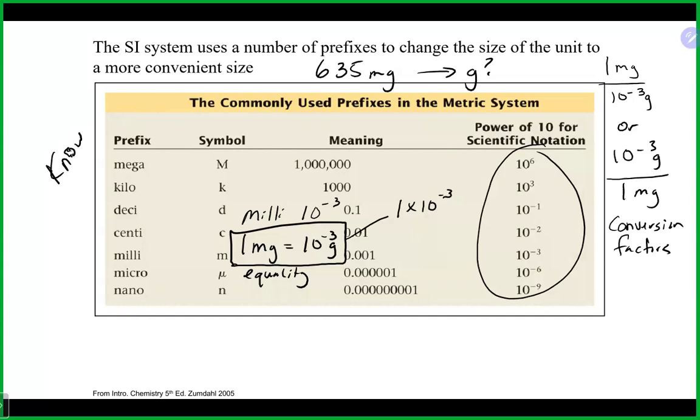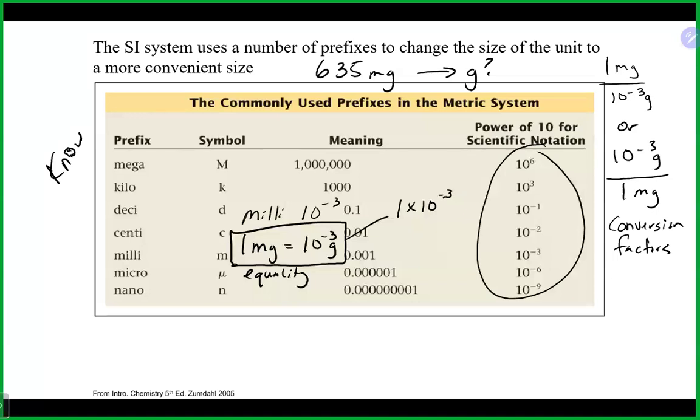And we use this with how we show our work in chemistry, and it is basically what is known as dimensional analysis. The idea is we use conversion factors and we set it up so that we can see the units canceling out.